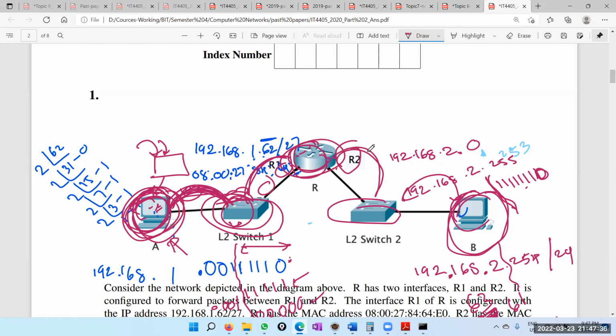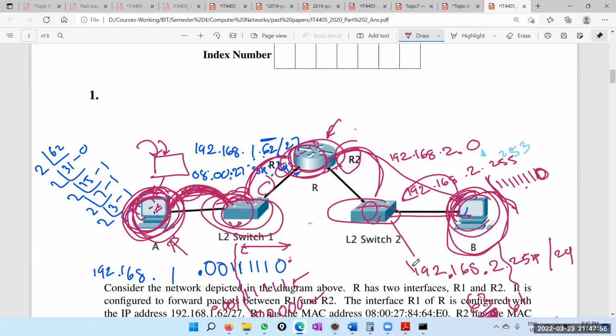When it goes from this to this, the source MAC address will be the router's MAC address again, which happened to be the destination MAC address previously, and the destination MAC address will be this one. That is why the switch can look at the destination MAC address and switch it here.